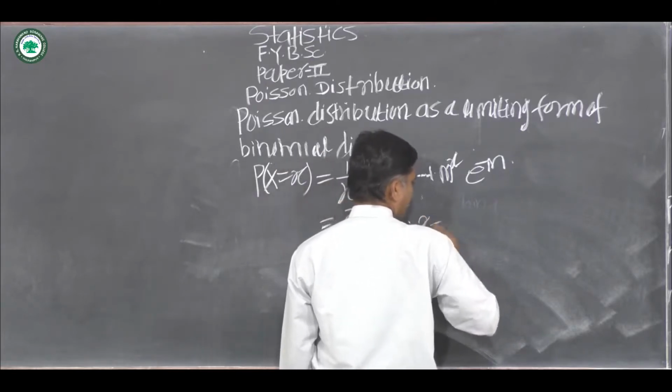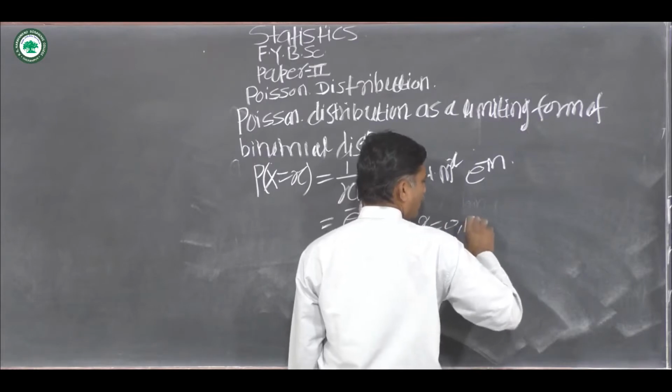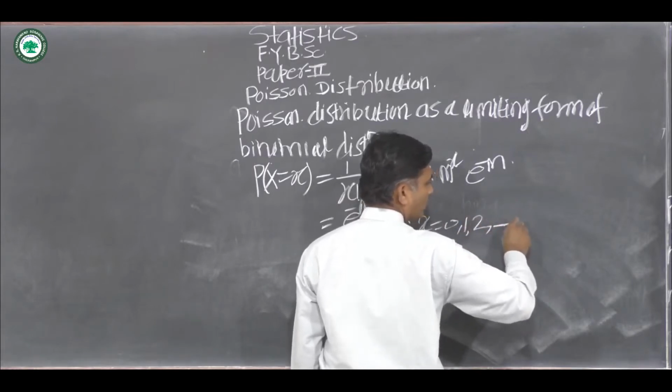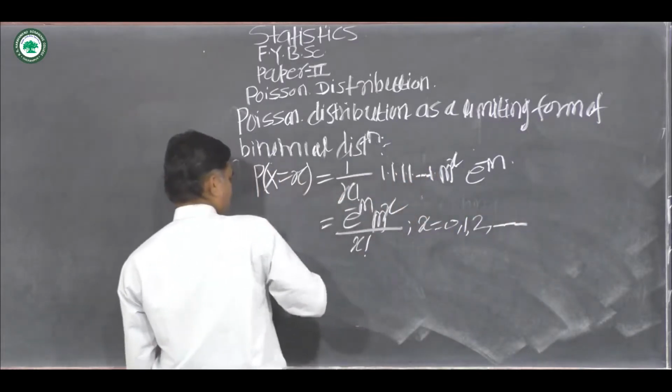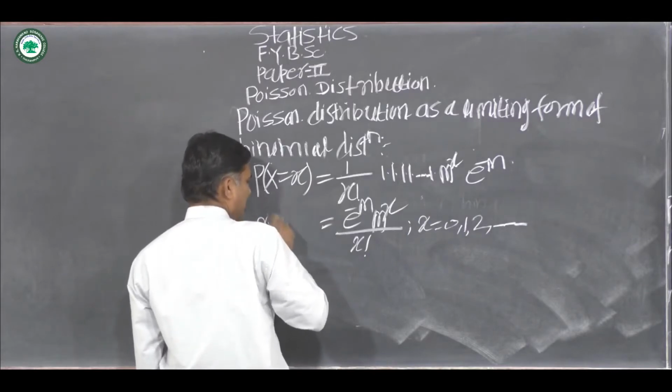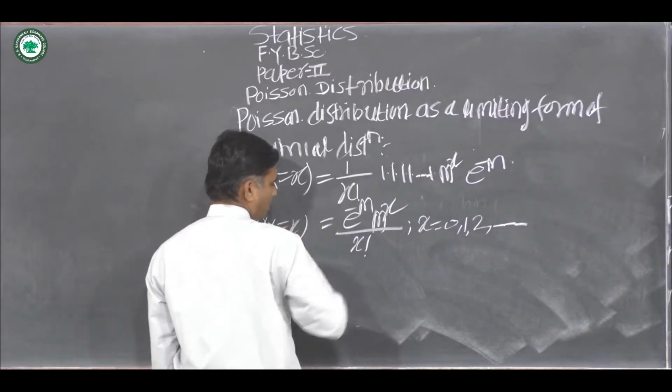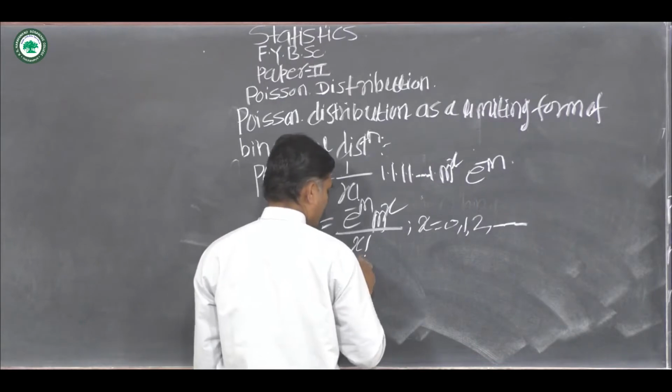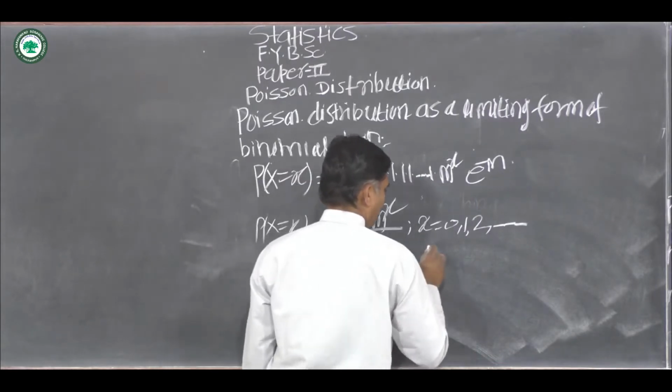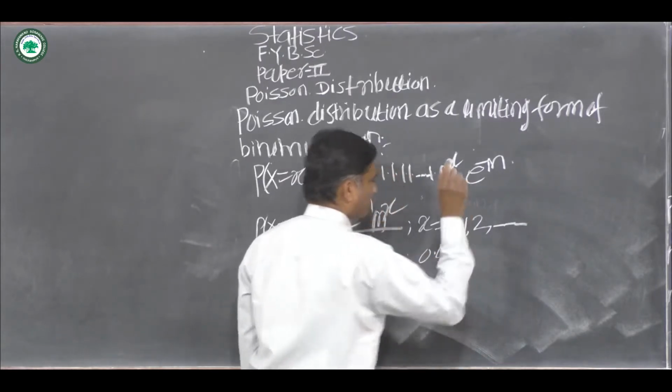Here x takes values 0, 1, 2 and so on. This is the probability mass function of the Poisson distribution with parameter m.